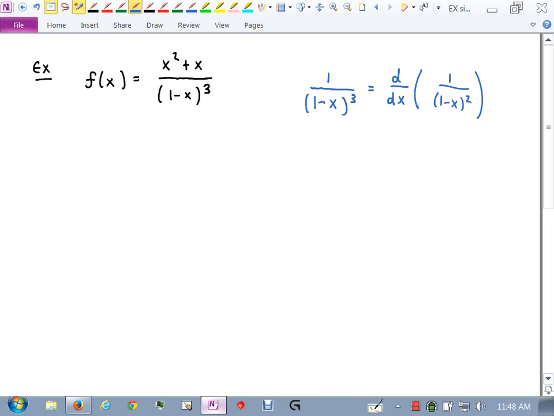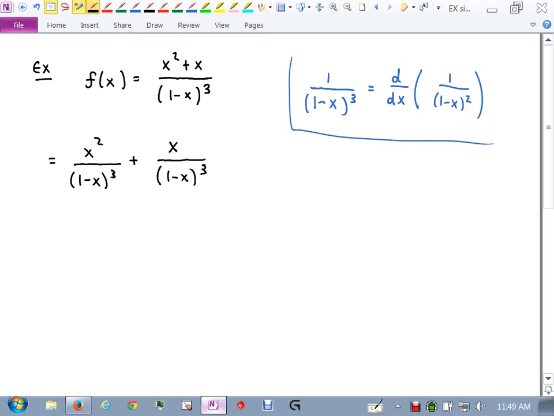So now I'd like you to see that this function can be broken up into two terms. This is not partial fraction decomposition. This is simply rewriting it using properties of fractions. If you have two terms in a numerator over a denominator, I can break it up into two separate fractions, can't I?